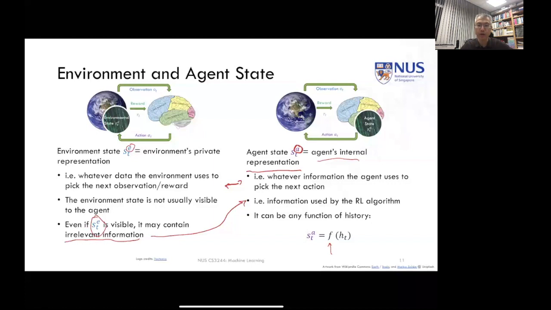So it could contain other information that's not found in the environment, any encoding of information that's used by the agent to decide what to do, right? That might not be visible to the environment or to any other agents, right? In fact, we can think of other agents as part of the environment with respect to this particular agent that we're trying to engineer a reinforcement learning solution for.